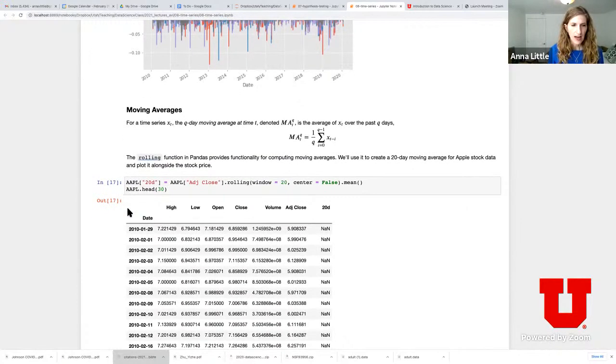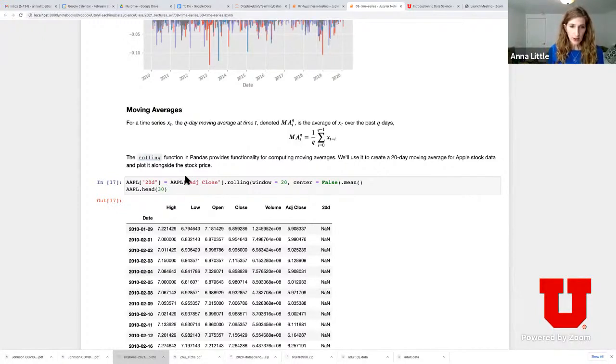You may remember that I had my Apple data frame with all of these columns: high, low, adjusted close. Now I'm going to add an additional column called 20-day, which is going to be my 20-day rolling average.